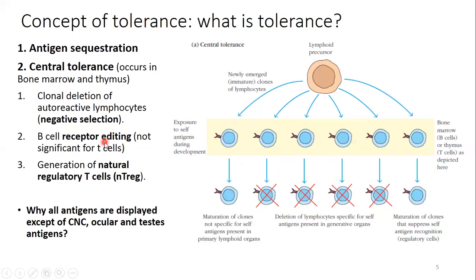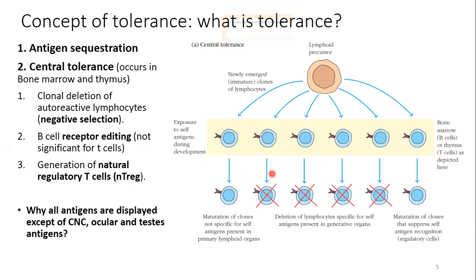For B cells, there is another chance. They are sent to rearrange their B cell receptors to produce receptors with much lower affinity, or they should undergo apoptosis too.